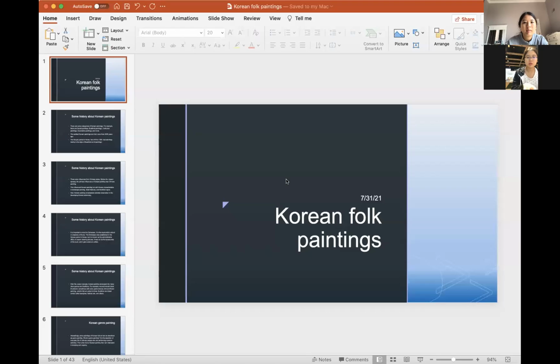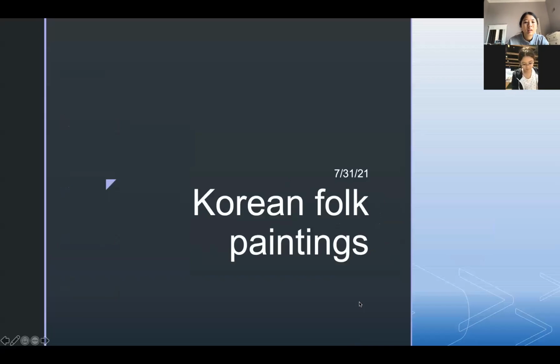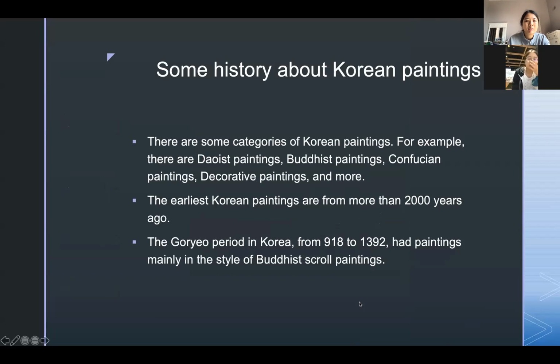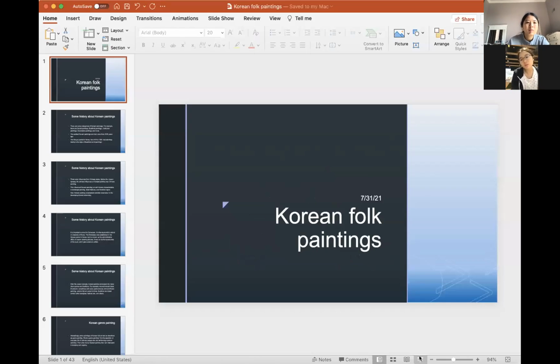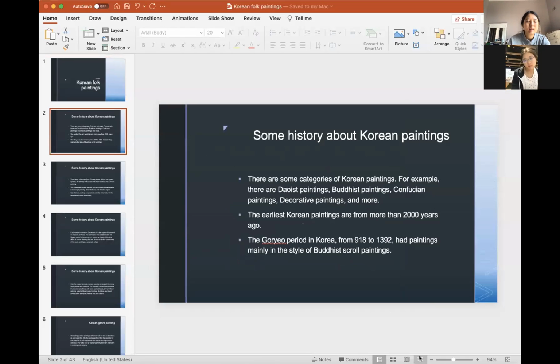Okay, yeah, let me get started. Thank you. Here we are, Korean folk paintings. Should I do it full screen or should I do one by one like this?